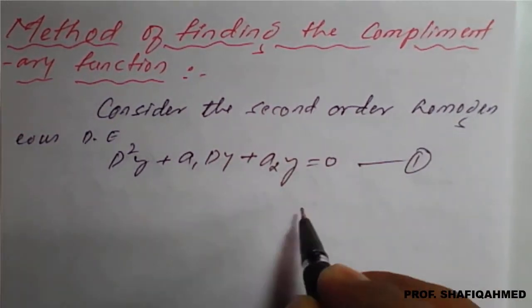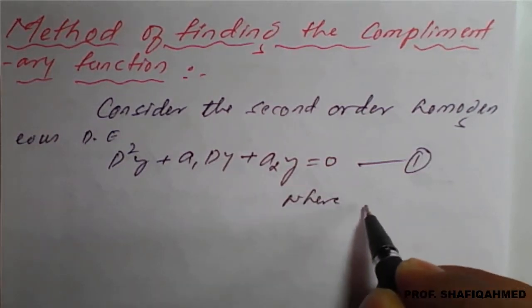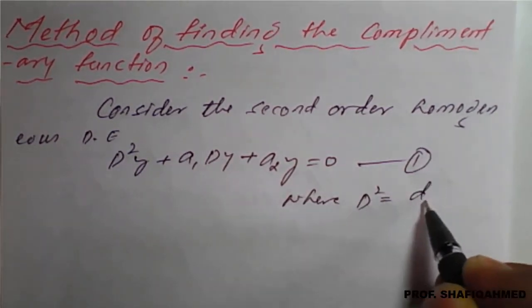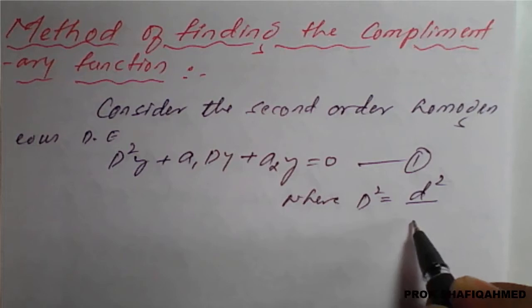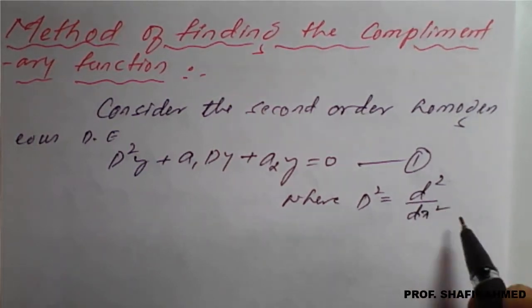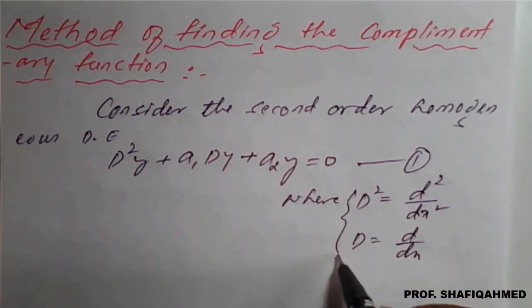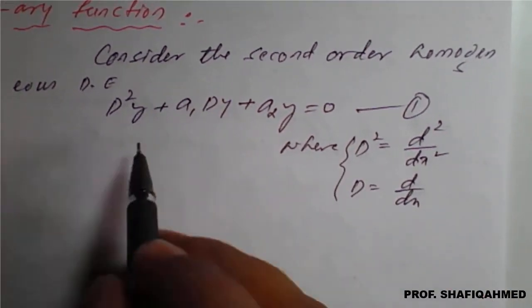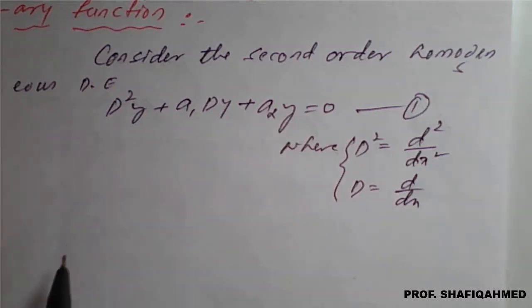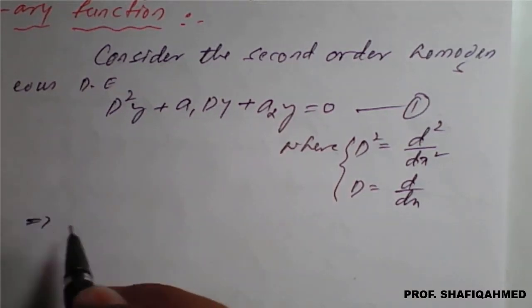Equation number 1, where D squared is nothing but the second order differentiation, as well as D is nothing but d by dx.